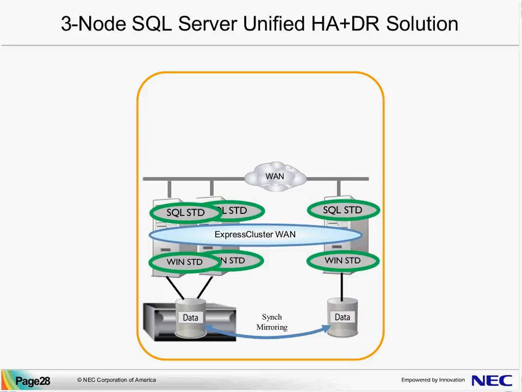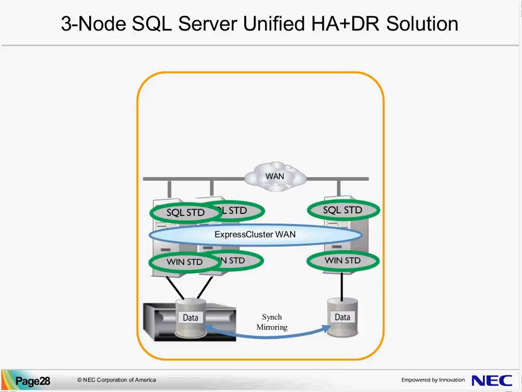And when there is a true site-level failure, such as network disruption to the entire site or destruction of the primary site due to disasters, then ExpressCluster WAN will automatically recover to a remote site. But in this case, the mirror data would be used to recover the workload.